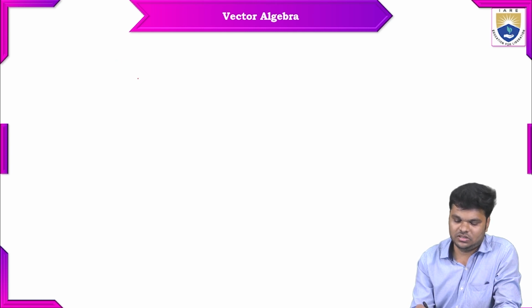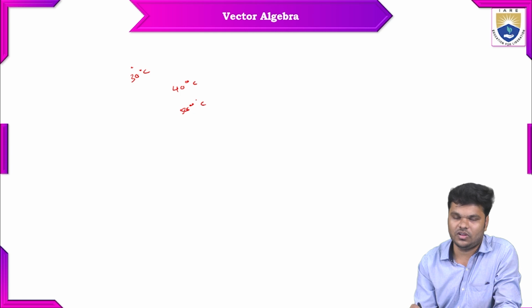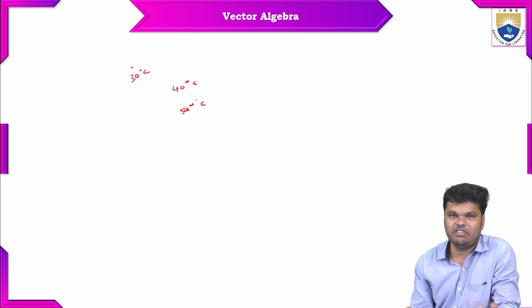Let's take temperature. If you see temperature, it is just a number, 30 degrees centigrade, 40 degrees centigrade, or 50 degrees centigrade. It does not have any direction.